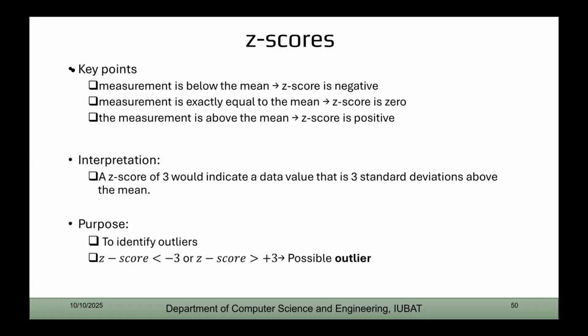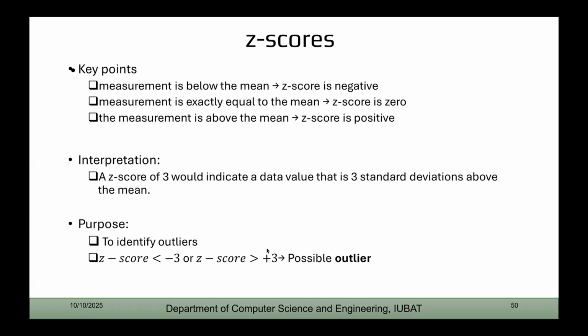If the measurement is exactly equal to the mean, the Z score is 0, and if the measurement is above the mean, the Z score is positive. So what does it mean? Interpretation: a Z score of 3 would indicate a data value that is 3 standard deviations above the mean.